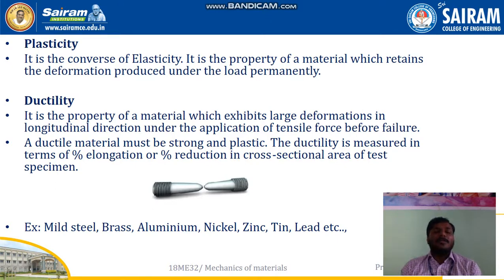So when we talk about ductility, it is a property of a material which undergoes large deformation only in the longitudinal direction under the tensile force. A compressive force is when we are compressing, but the tensile force is nothing but equal and opposite pulls, or pushes, that we consider between the tension.